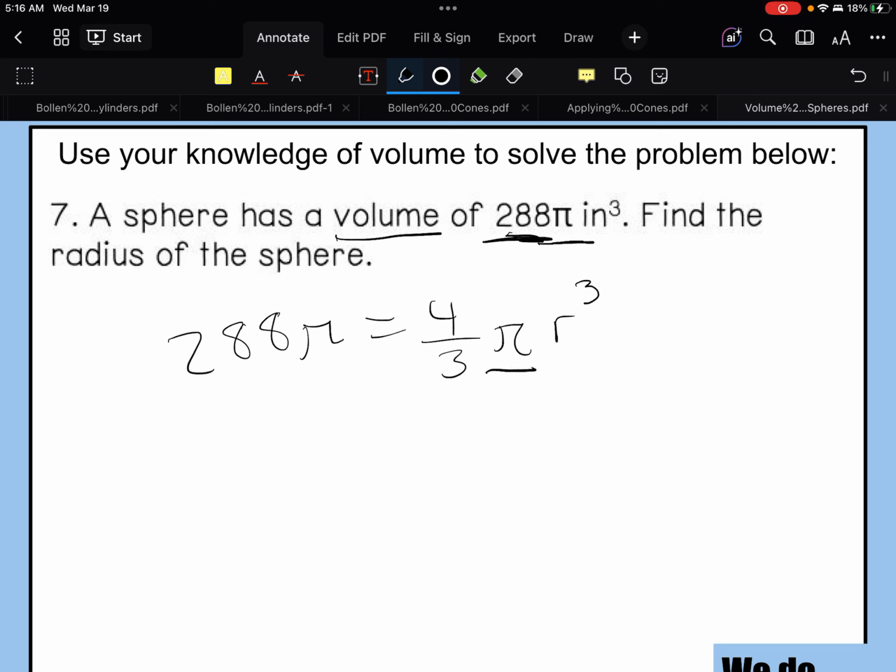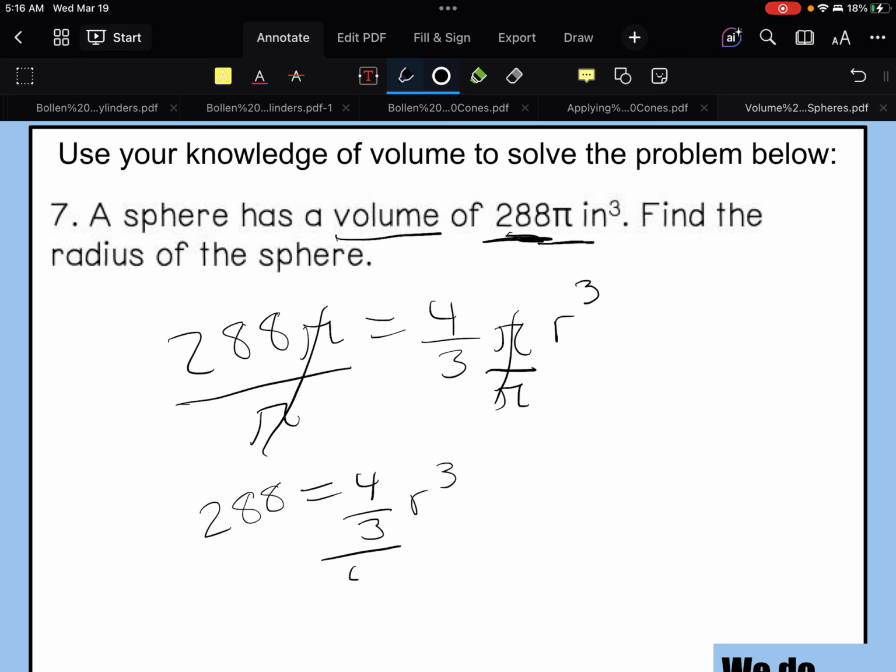So we can first divide by pi, and just cancel out our pi's. So we get 288 equals 4/3 r cubed. So we're going to divide by 4/3.